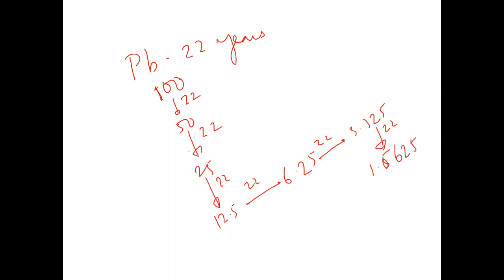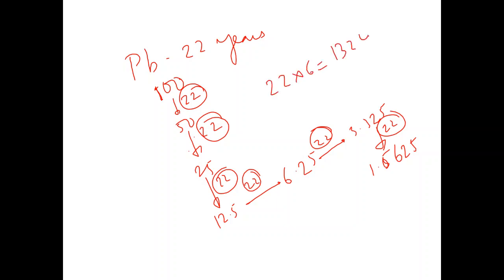Now we can see here 1, 2, 3, 4, 5 and 6. So 22 multiplied by 6 becomes 132 years. So in 132 years, this lead would reduce from 100 atoms to 1.5 atoms.